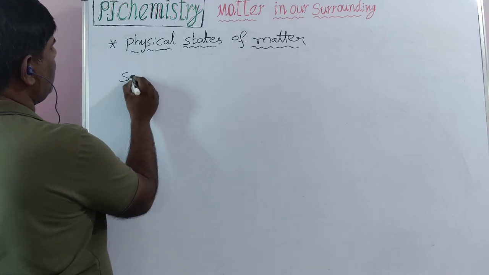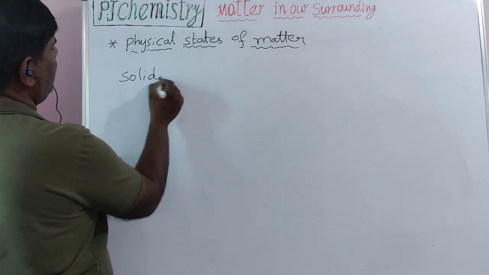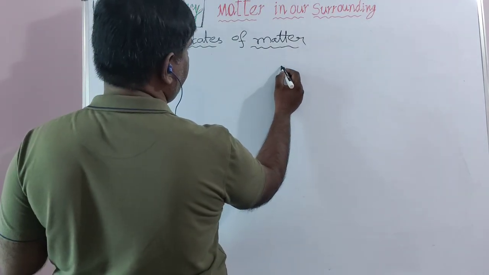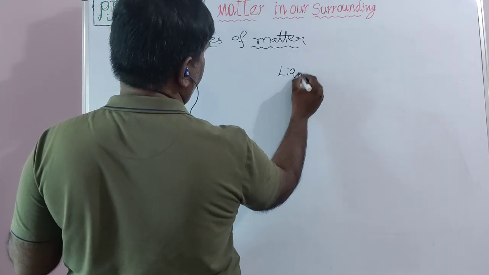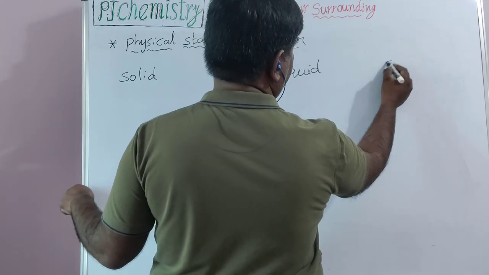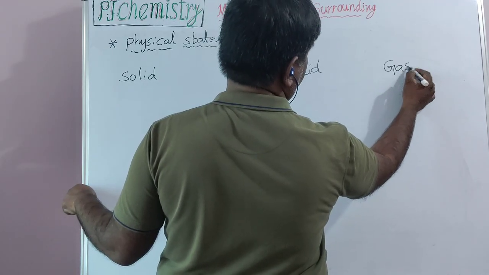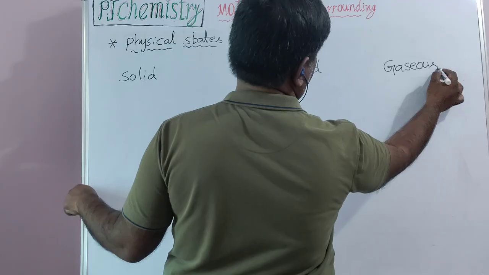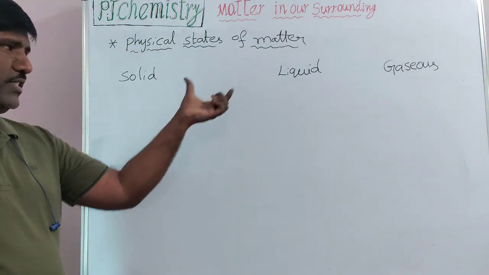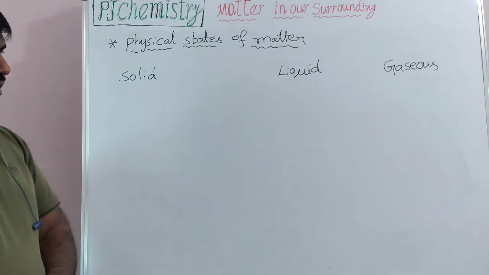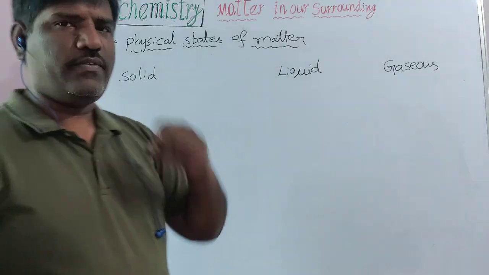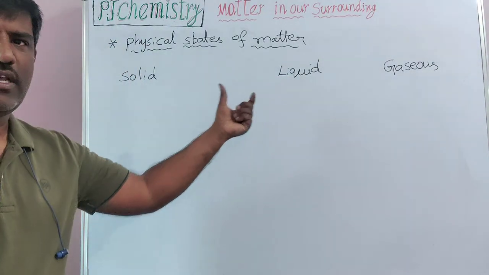Based on that, they classified matter into solid state, liquid state, and gaseous state. First, I will give clarity on the existence of three physical states: solid, liquid, gas.